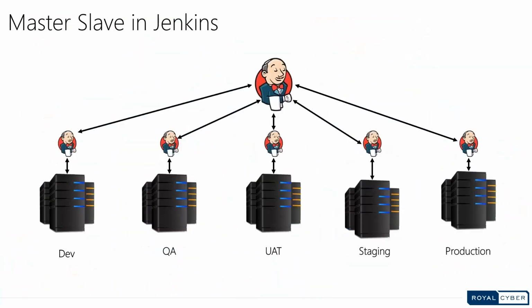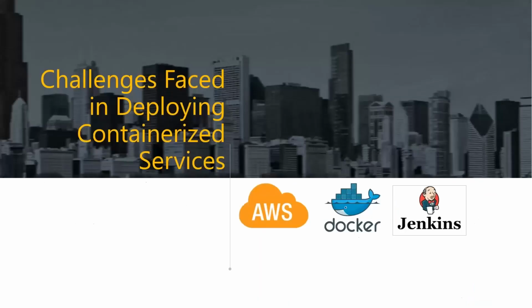Also, this is the master slave configuration in Jenkins, where we can see that each of our environments is segregated into different nodes and is managed by a single master node. We'll see more about Jenkins later in the demo, where Joseph will show how we can use a containerized application.